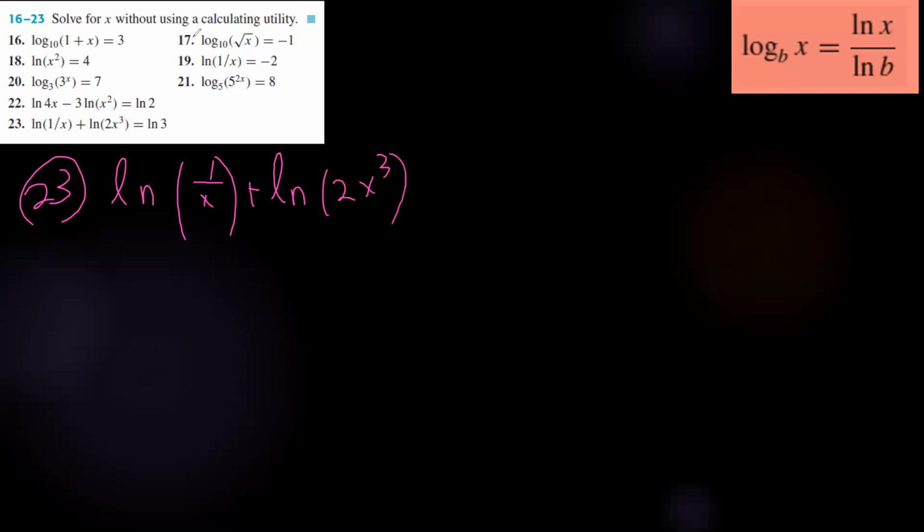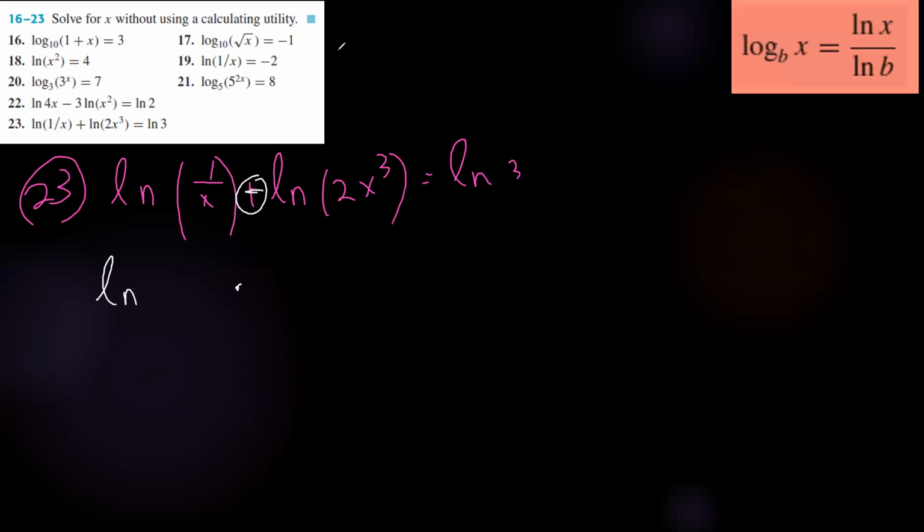Now, number 23. We have ln of 1 over x plus ln of 2x cubed is ln 3. Here we have plus, so they are multiplied.